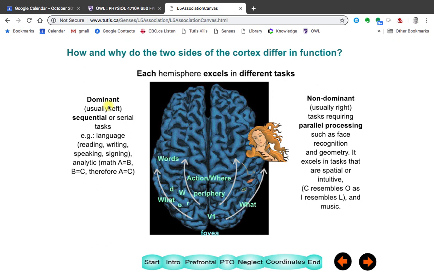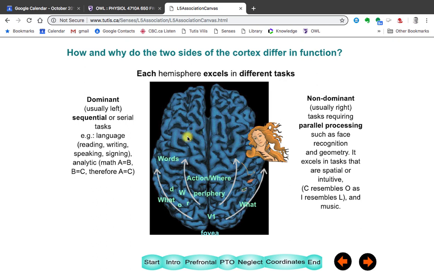You can easily test a patient and find that he's lost language. It's an easy thing to measure one's language abilities. The abilities of the right cortex are more difficult to measure.